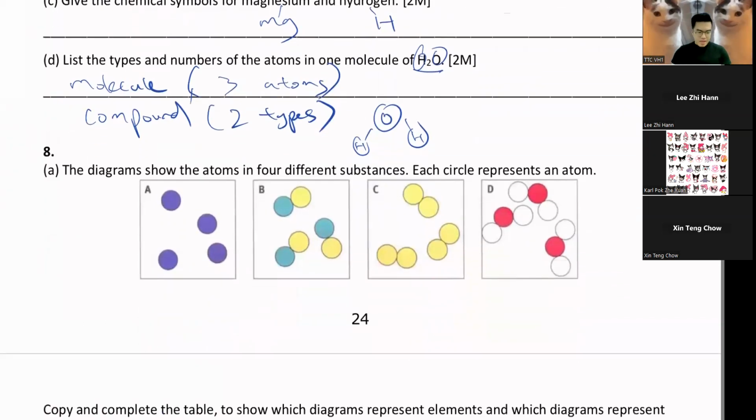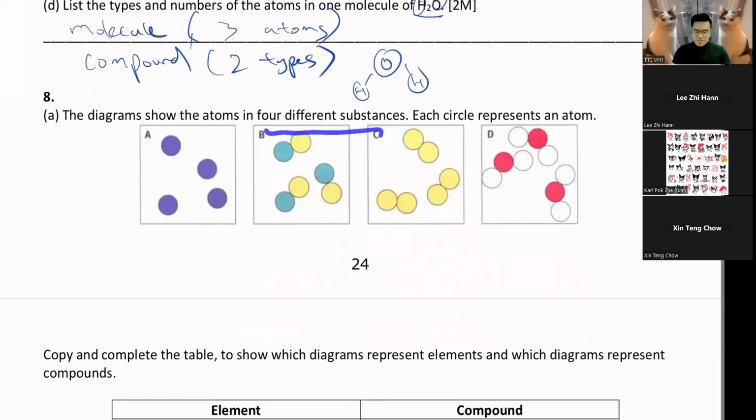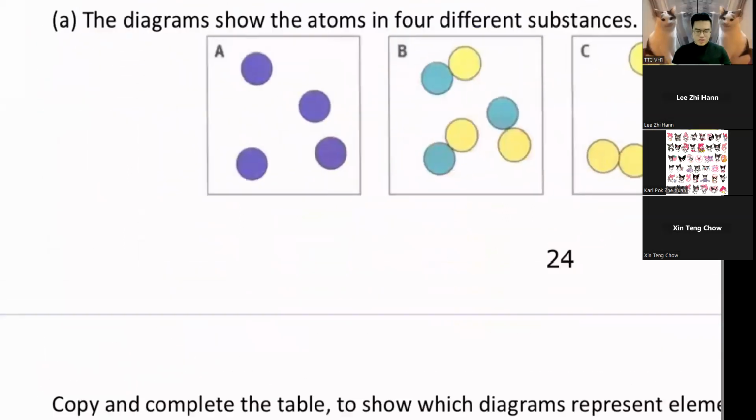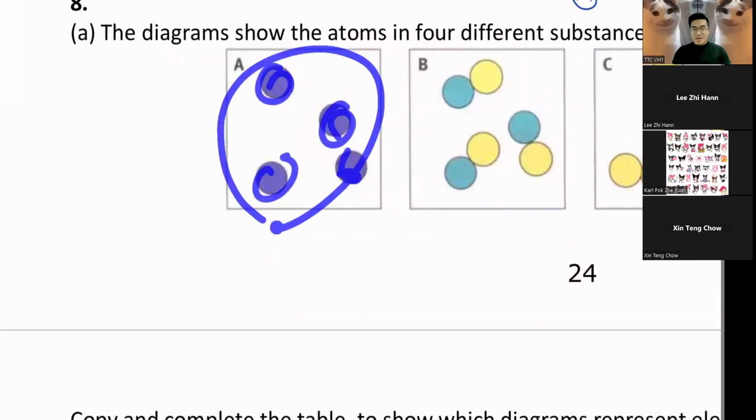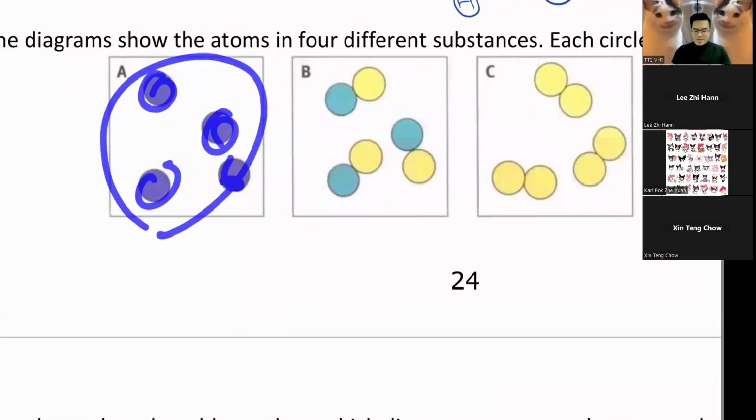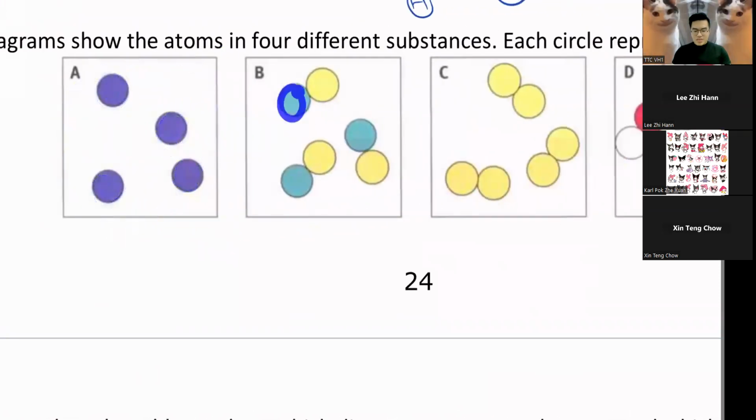So number 8, 4 different substances, each circle represents an atom. We look at this one, there's only 1 atom here. So this is obviously an element. And can you see there are 2 types here? This is obviously a compound.